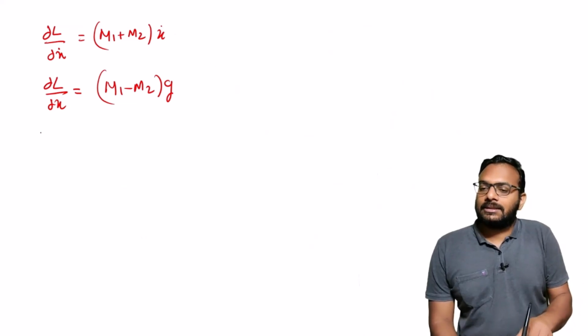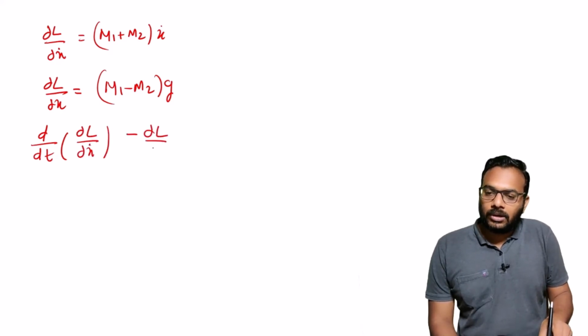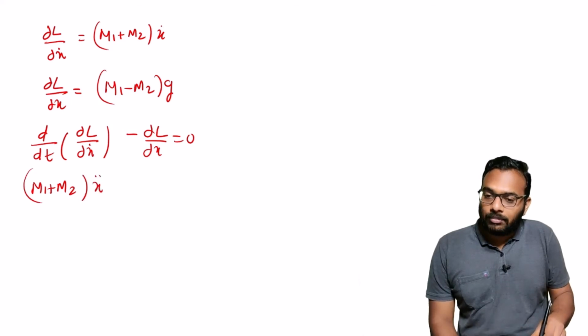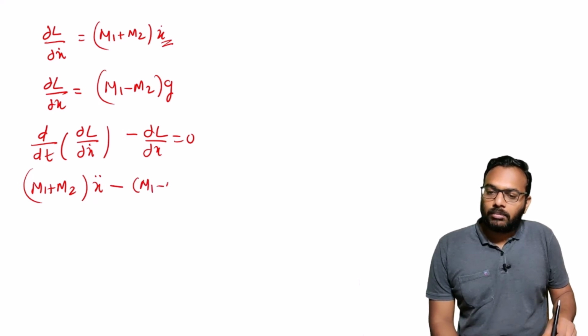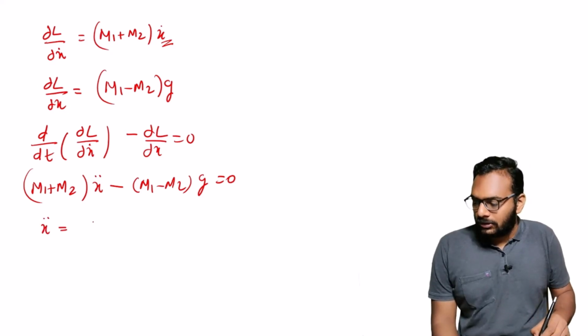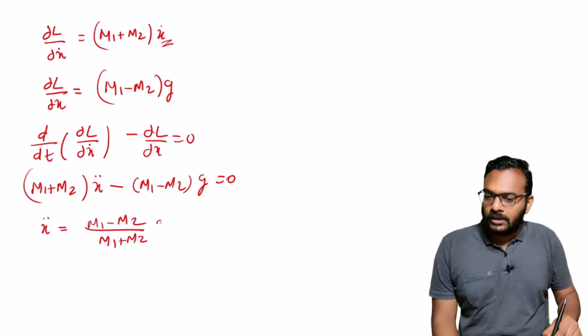Now the Lagrange's equation, the equation of motion, is simply this: d by dt of dou L by dou x dot minus dou L by dou x is equal to 0. That means (m1 plus m2) x double dot, taking derivative with respect to time, minus (m1 minus m2) g is equal to 0. Or we can rearrange this and find x double dot. You see that x double dot is equal to (m1 minus m2) divided by (m1 plus m2) times g, right?